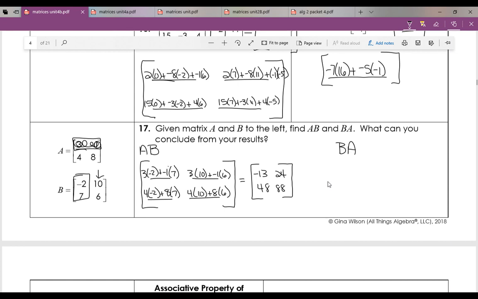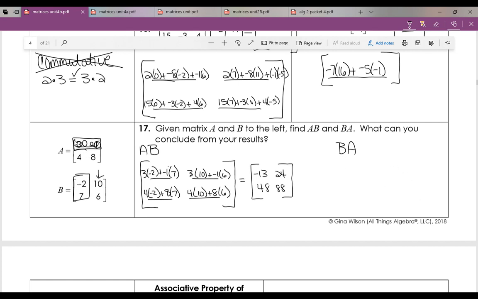Okay, now if I switch these two, do you think I will get the same matrix? No. That's right. Now this is called the commutative property, and we did this before, where you have 2 times 3 and you can change it to 3 times 2, and that's still the same thing. Do y'all agree? This does not apply when you are multiplying matrices together.